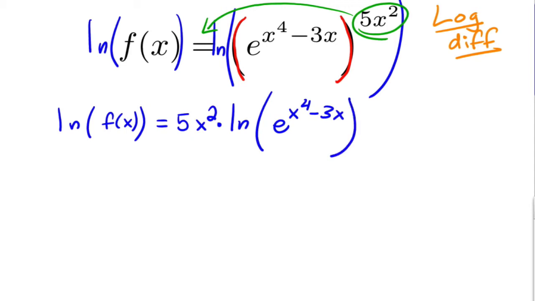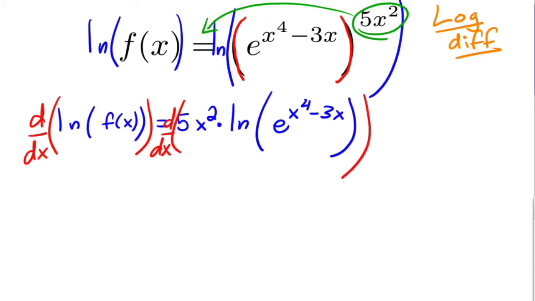Okay, so then we get the derivative of the left side and the right side. And when we get the derivative there, we're going to have to use the product rule here on the right. So on the left side, let's just do that. That's going to be 1 over f of x times f prime of x.